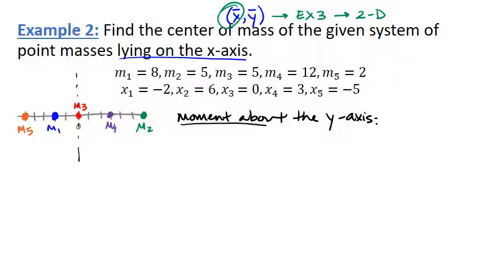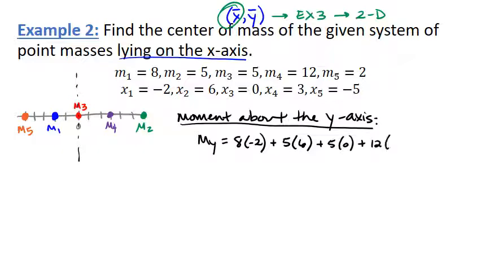So we are finding m sub y, and that is found by taking the weight times its distance. So the first one is going to be 8 times -2 plus 5 times 6 plus 5 times 0 plus 12 times 3 plus 2 times -5.